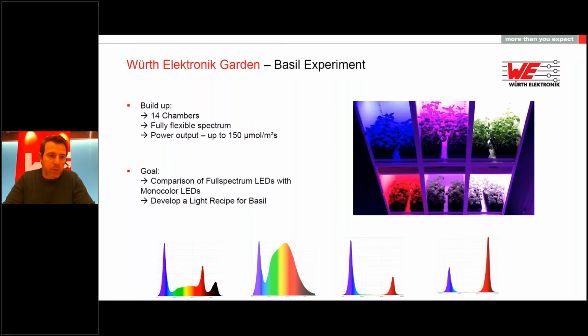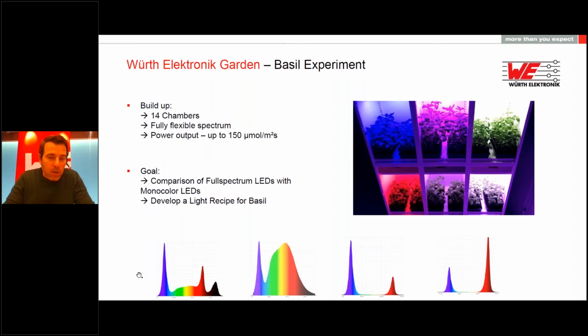We also have in our house a small experimental lab which we built with 14 chambers with fully flexible spectrum and power outputs up to 150 micromoles. As you can see, the nice spectrum that we can achieve from blue, red, to mixing of blue and red and supplemental full spectrum with different colors, which you can see at the bottom.